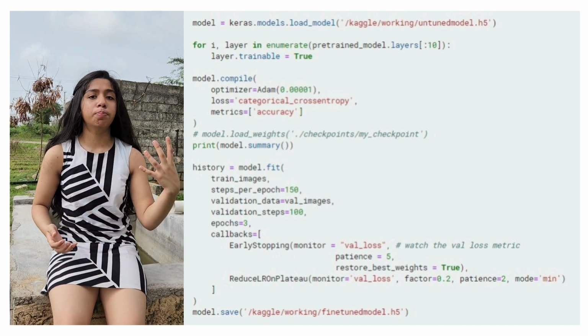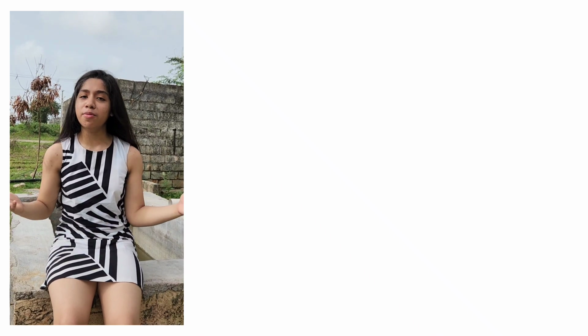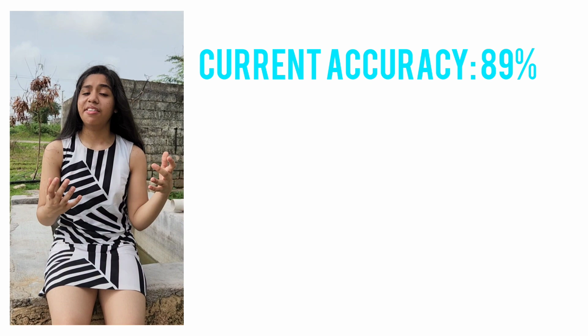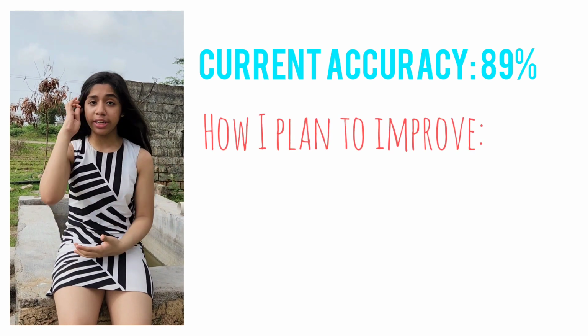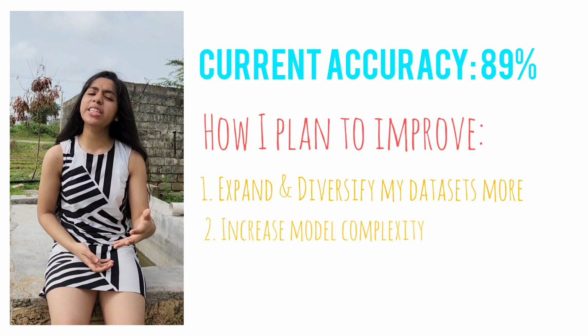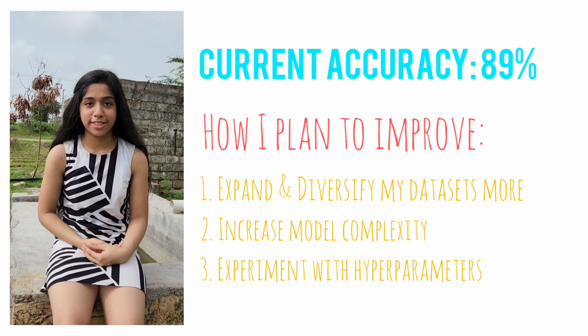Once again, I compiled and retrained my model. I'm proud to say that my model currently has an accuracy of 89%. However, I plan on further improving it by expanding and diversifying my data sets even more, increasing my model complexity, and experimenting with my hyperparameters.